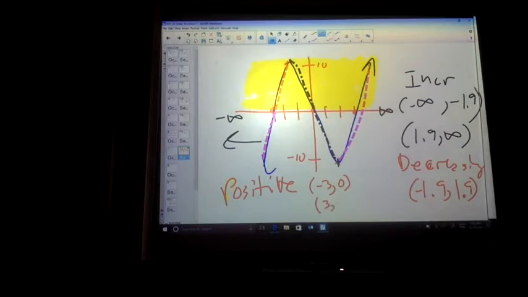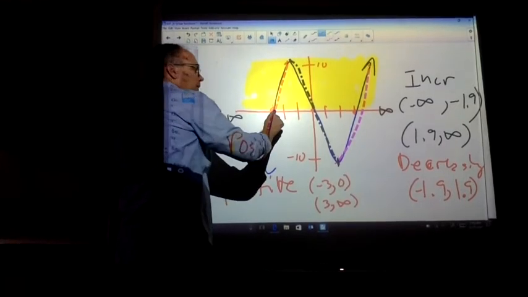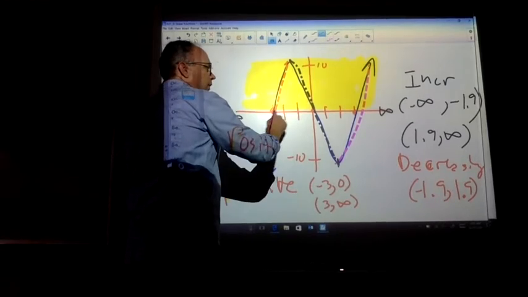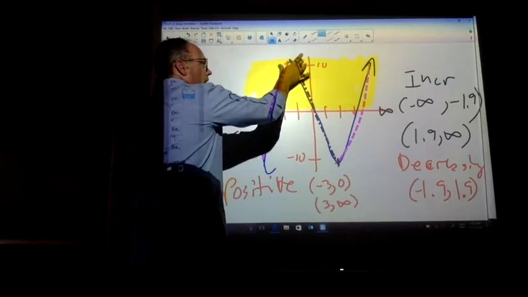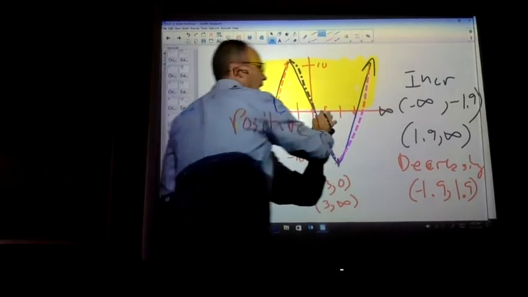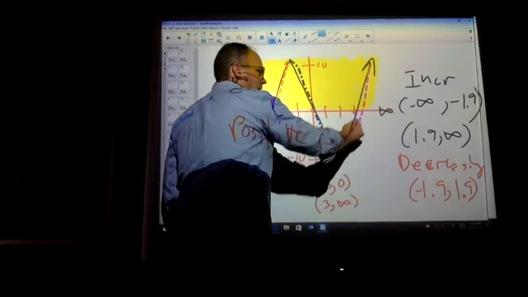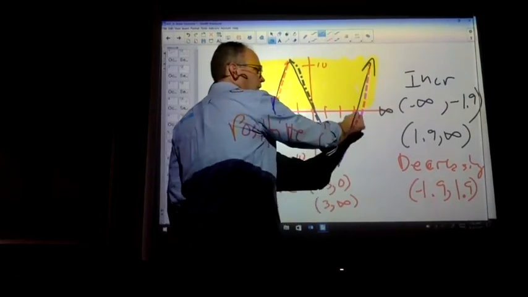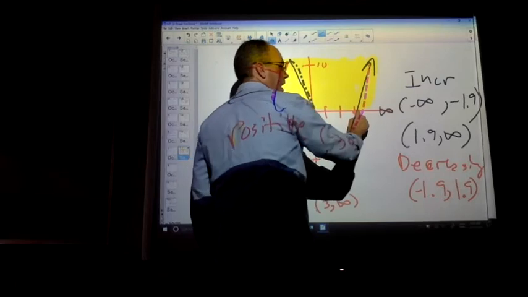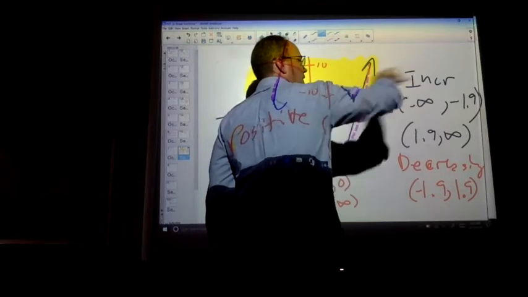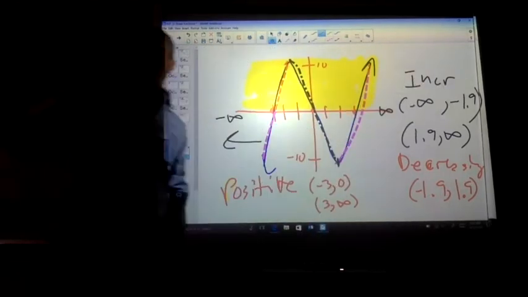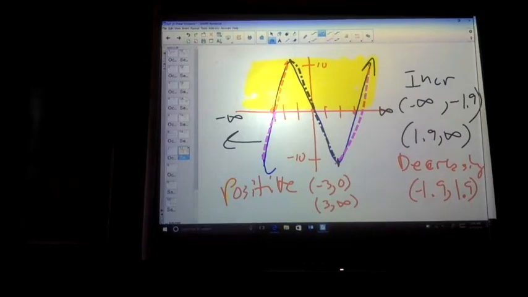So from 3 now to infinity. As soon as I come above this line, from negative 3 to 0, this whole region's positive as far as our graph goes. And then it goes down and becomes negative down here, but it changes direction, comes up. As soon as it gets to 3, it comes back up, and goes forever this way. Again, you're using the x to tell the story with what the graph is doing.